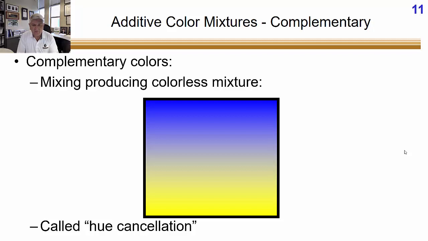So in this block, you can see I've made the top of the block blue, and I told the bottom of the block to be yellow, and then it's going to automatically fade from blue to yellow. And so you get the hue cancellation in this area, right, where it appears gray or white. And then as you move away from that towards more blue or more yellow, we start to see the hue come back in.